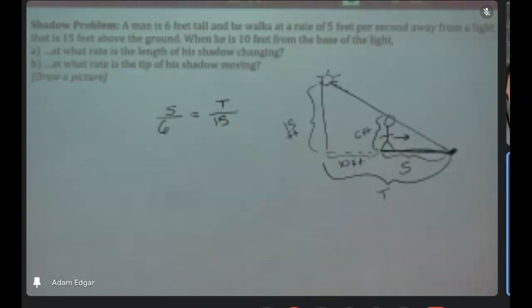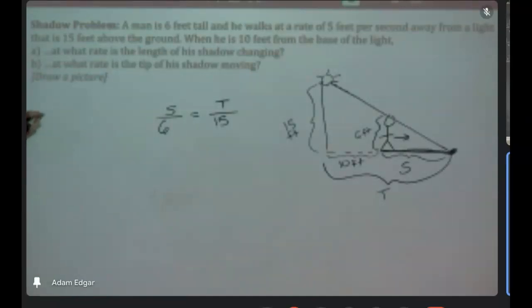And then you look at that and you say, oh, we have two variables that we don't know. We don't know S and we don't know T. But we can create a direct relationship between the two of them. So there's another equation that we can make just using the bottom of this triangle. How do S and T and 10 all relate to each other?